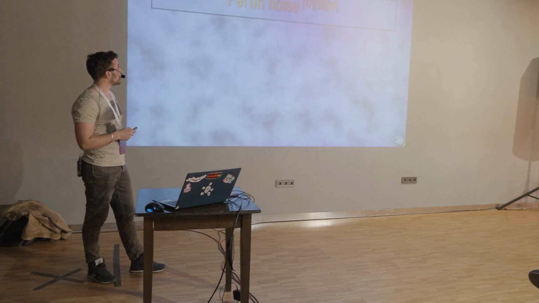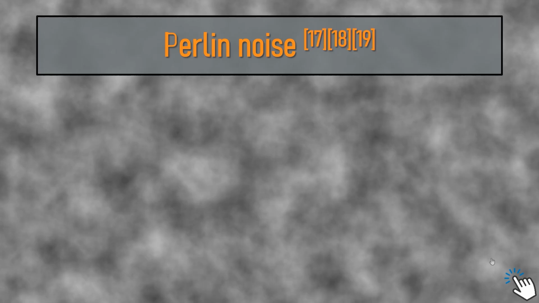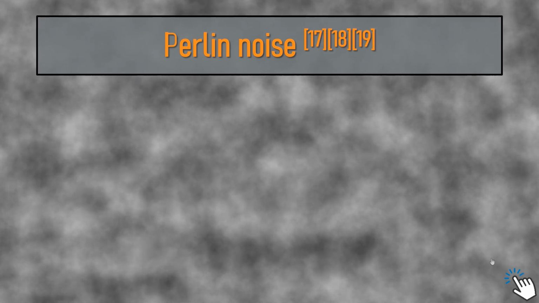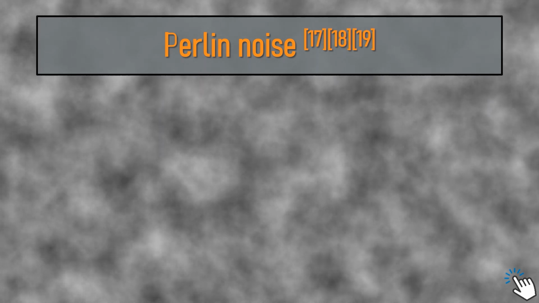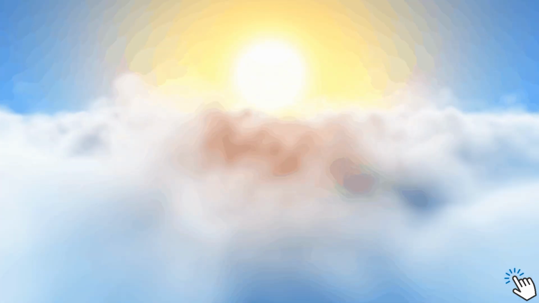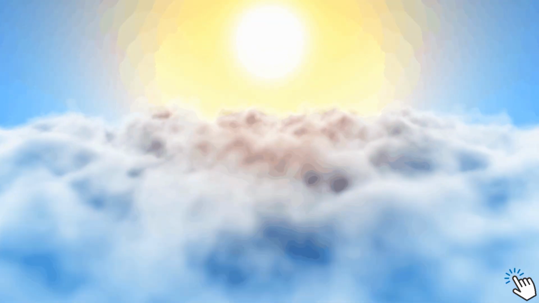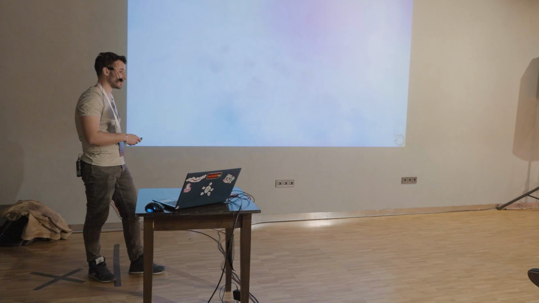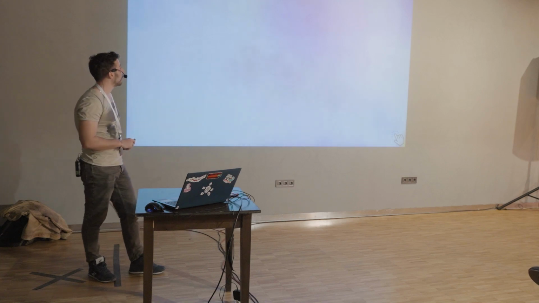Also, you can go for the really complex ones like Perlin noise. This guy got a bunch of rewards when he invented it. And it is used for pretty much everything, but the most popular usage is clouds. You can make puffy things with it. By the way, if you do this, you probably use signed distance fields and ray marching on top of the Perlin noise.